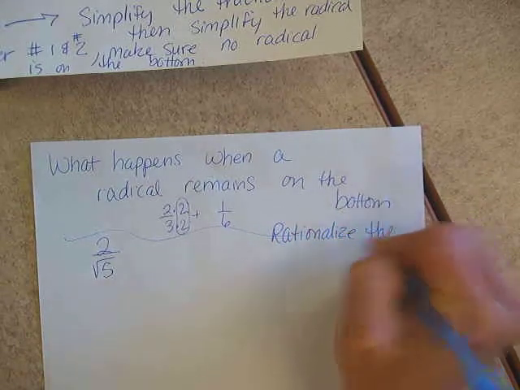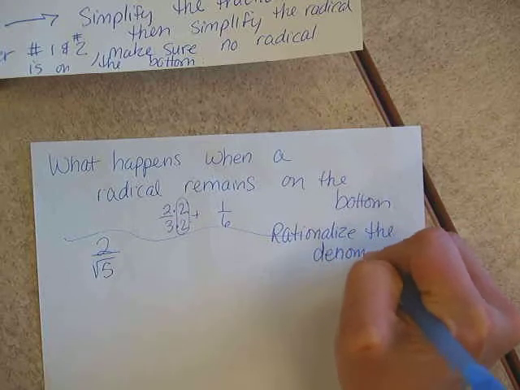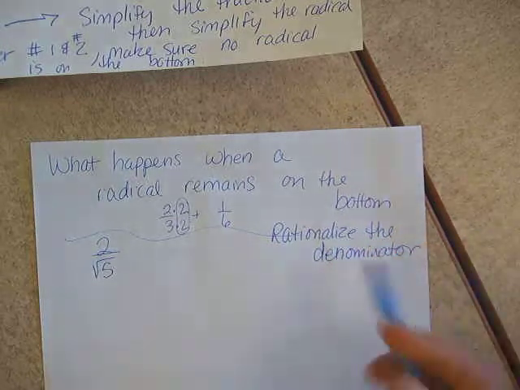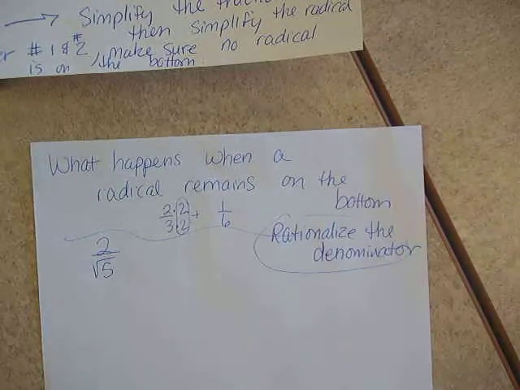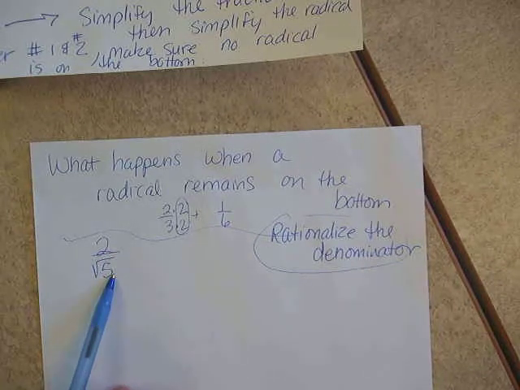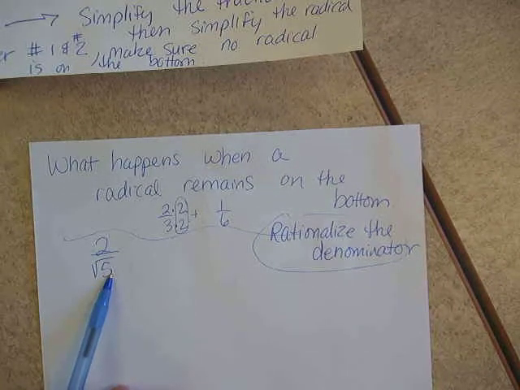So, to get rid of this radical on the bottom, we call this rationalizing the denominator. Okay? So you're going to rationalize the denominator.